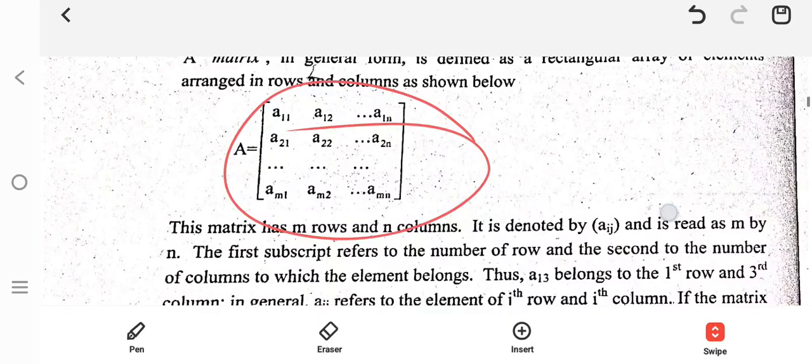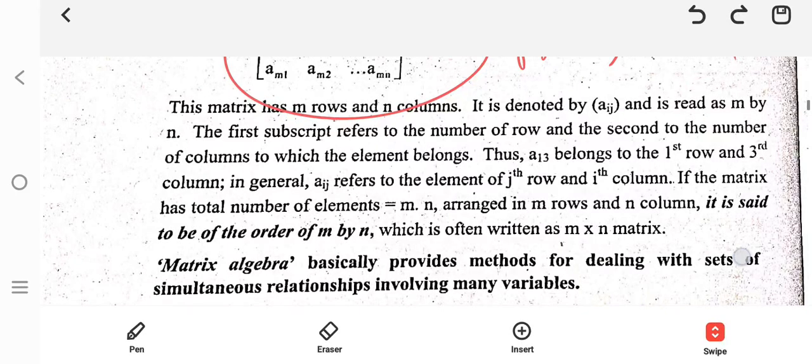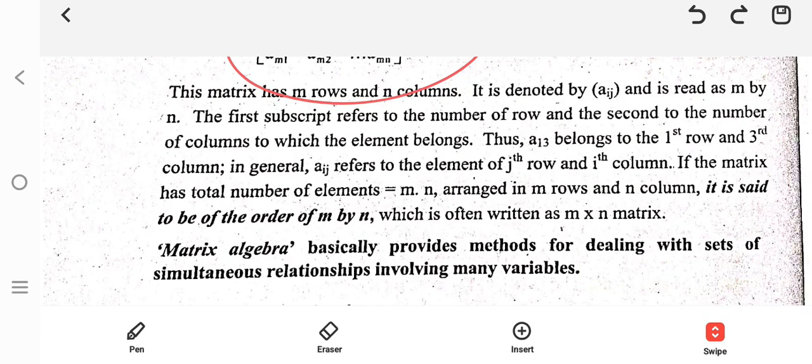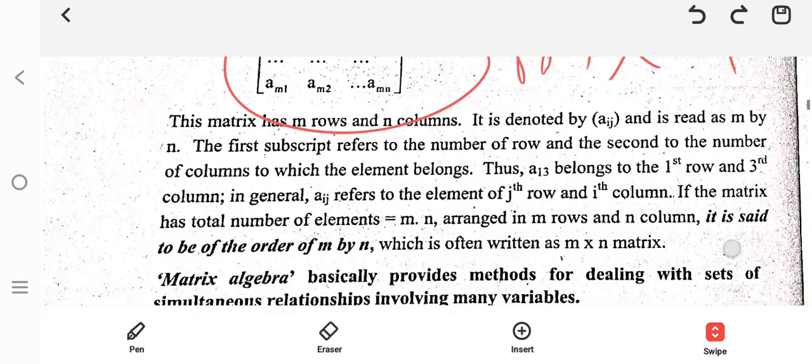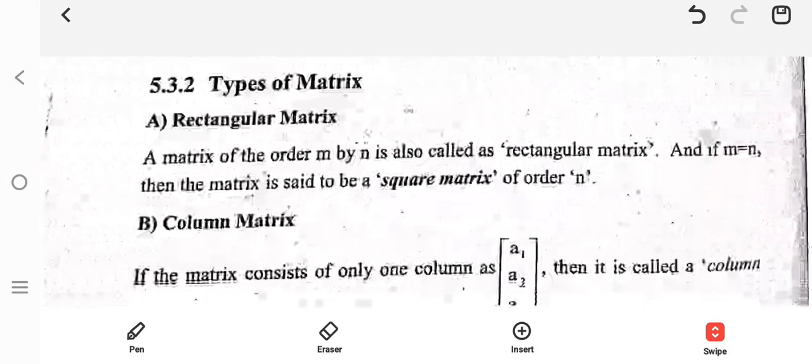So here we have m rows and n columns. So this is an m by n matrix. It is said to be of the order m by n, which is often written as m by n matrix.